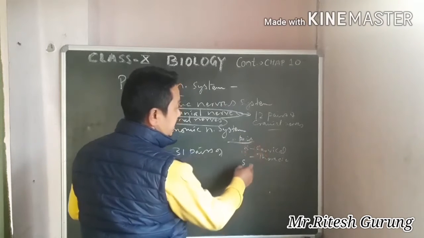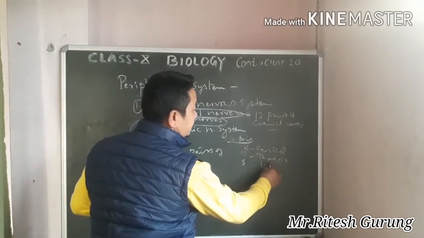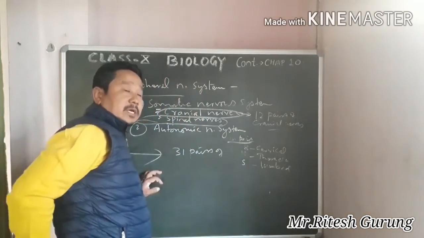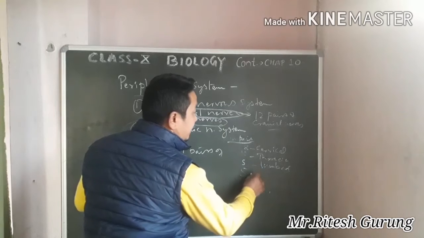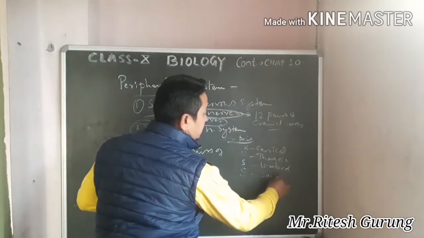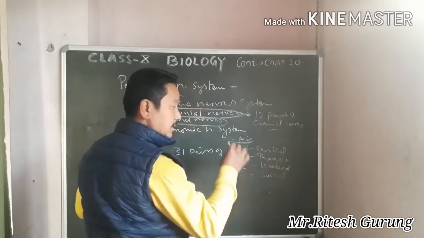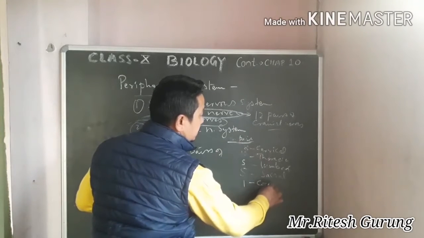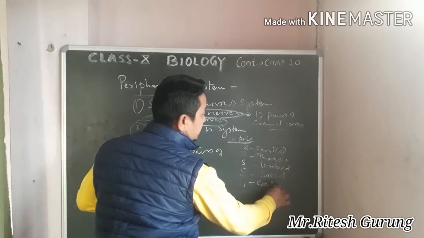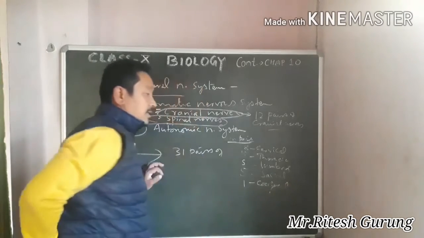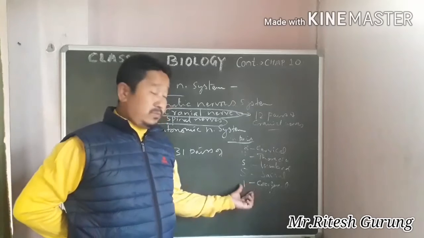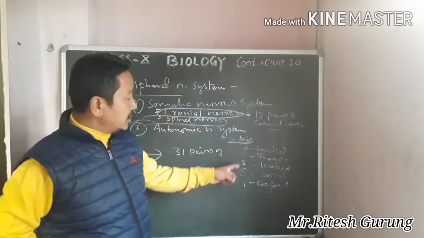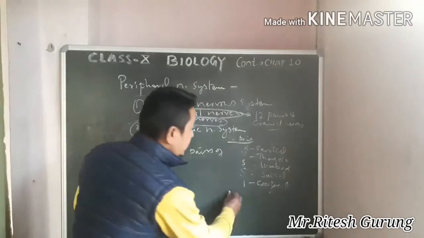Just below the lumbar is the sacral region, where you find 5 pairs. The last one is 1 pair, your coccygeal. Altogether it is 31 pairs.